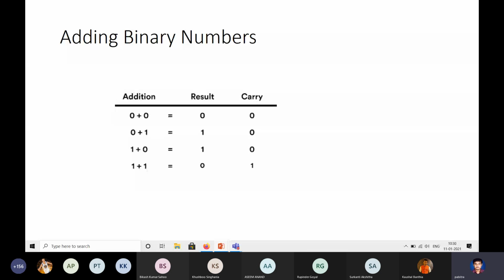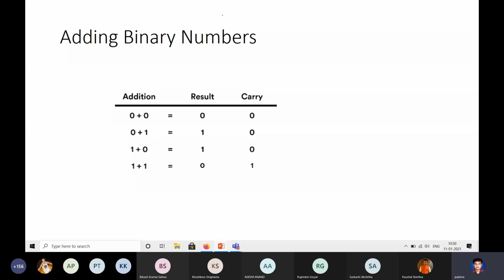Let's see. Let's try to just forget about this result and carry. Suppose I have two binary numbers, 0 and 0. What is the sum? Sum is 0. So the binary representation of that is 0. Let me write it this way.